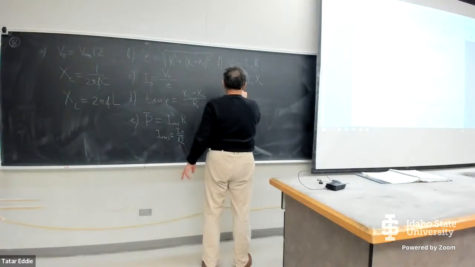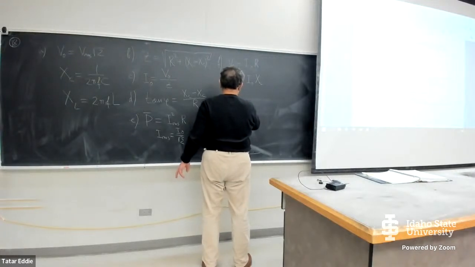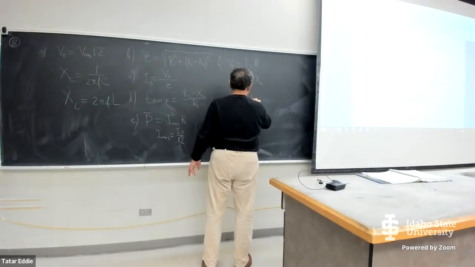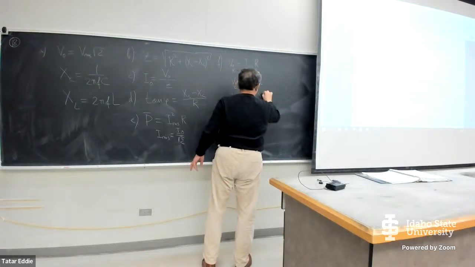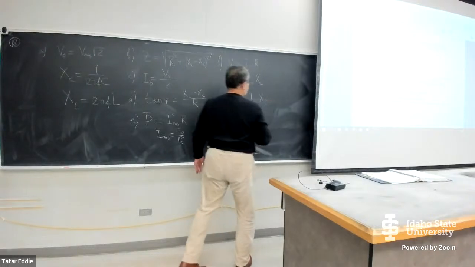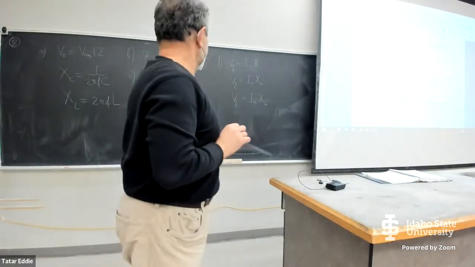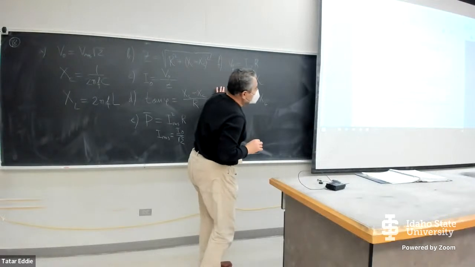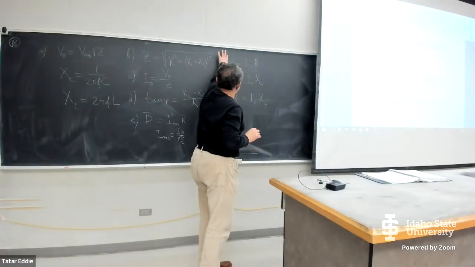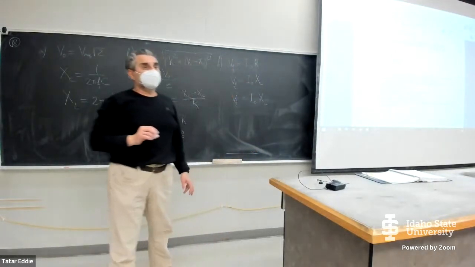And the voltage amplitude across the inductor is going to be the current multiplied by the inductive resistance. So inductor, resistor, and capacitor, they ask in this order.